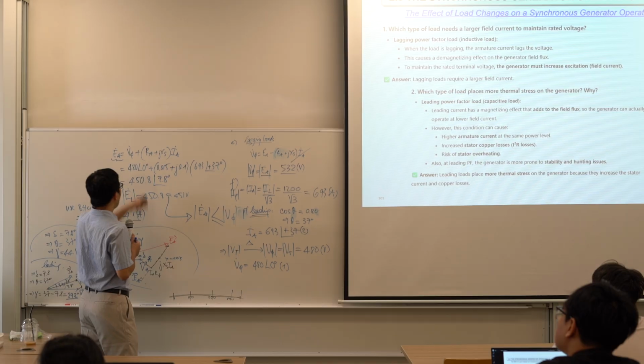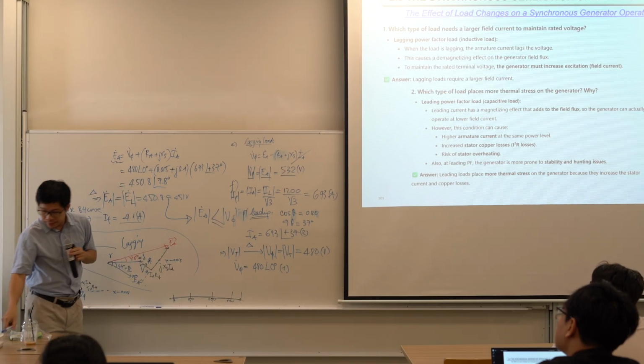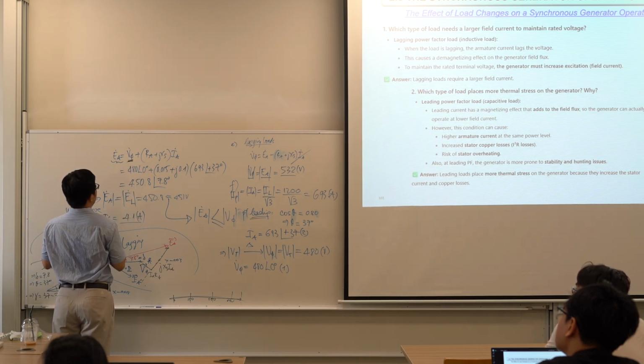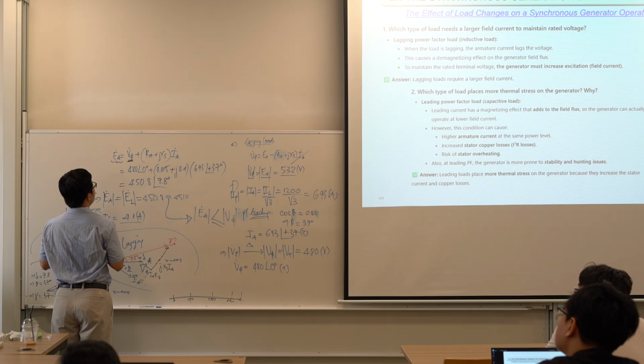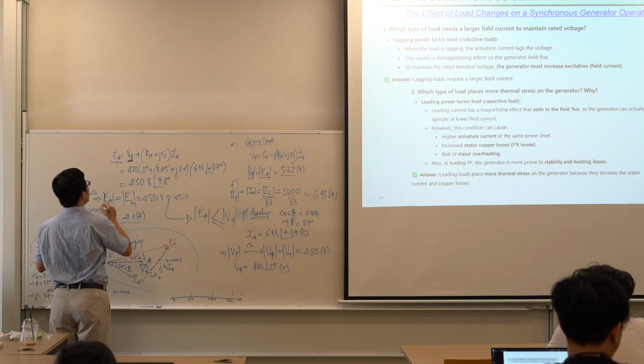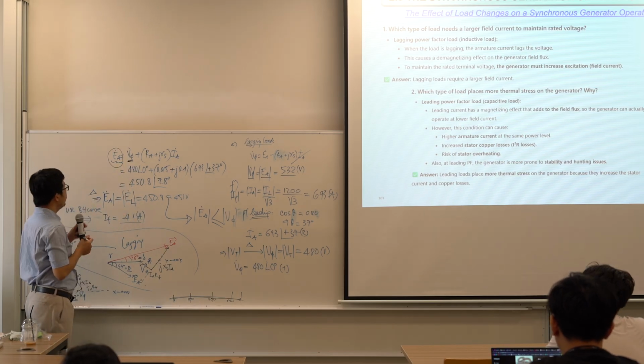Okay. Why for this one? We get more thermal stress because V phase is constant, right? So we reduce EA.